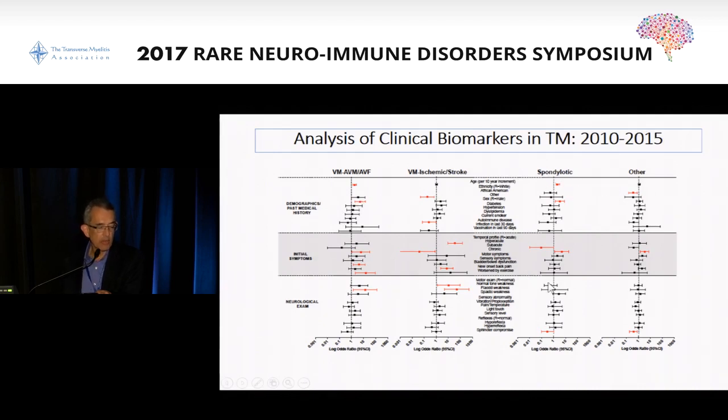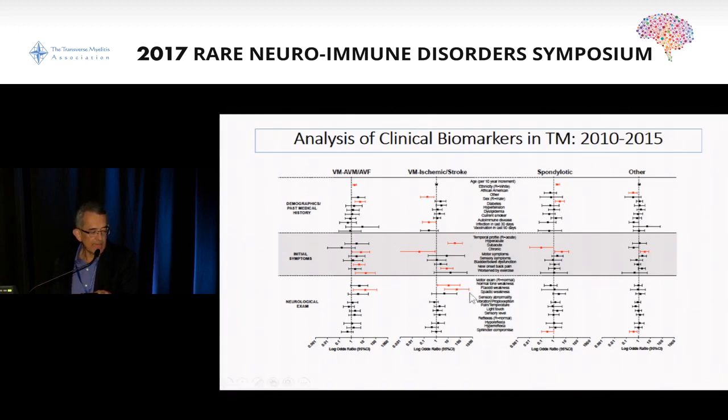And you can see, for example, that in the group of initial assessment, the presence of motor symptomatology is a very good predictor for establishing a difference with other types of myelopathies. In the case of strokes, for example, the presence of a very acute onset of motor symptoms is a valuable predictor for defining the potential presence of ischemic myelopathies.